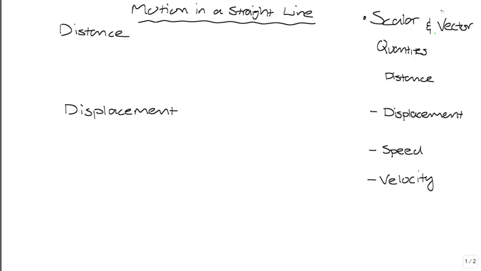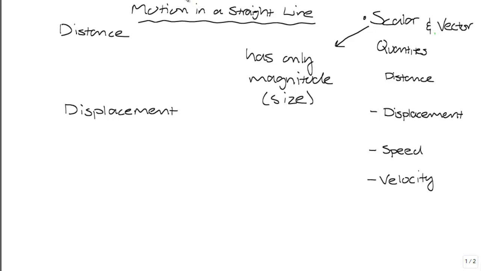Alright, so the first thing we want to discuss is the difference between scalar and vector quantities. Now, a scalar quantity is a physical quantity that has only magnitude, or size.